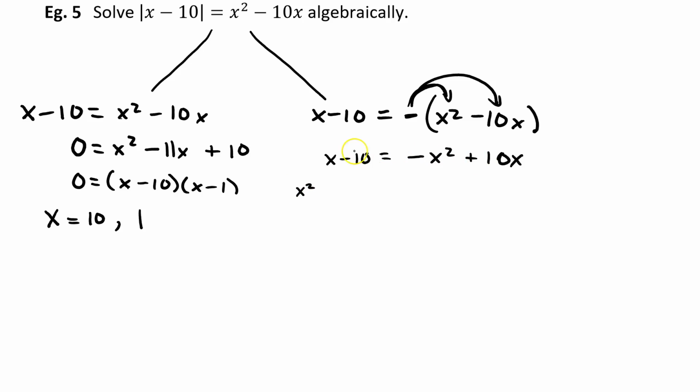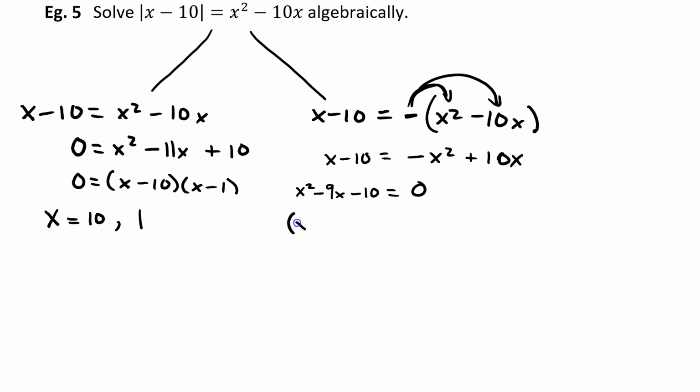I'm going to subtract 10x from both sides. So this is negative 9x, because x minus 10x is negative 9x. And this is going to be negative 10 equals 0. So two numbers that multiply out to negative 10 and add up to negative 9.